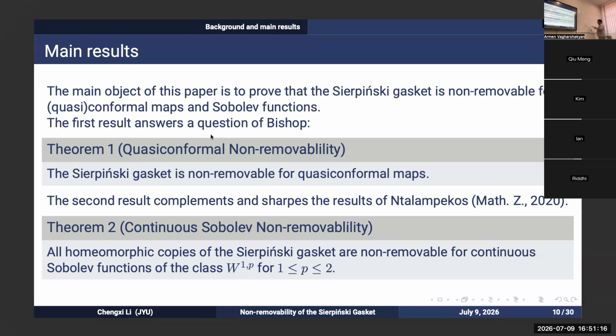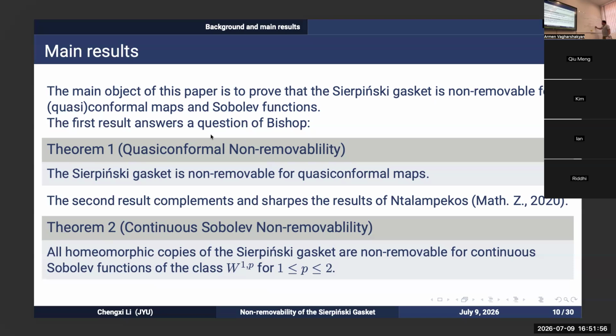Then the Sierpinski carpets are maybe not much discussed in this paper, but I just want to say here it's non-removable. And this is by the construction of Ntalampekos and Wu in their Annals paper. And this one is also non-removable, because that one is non-removable.